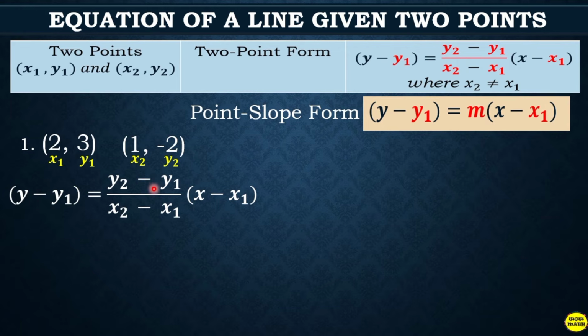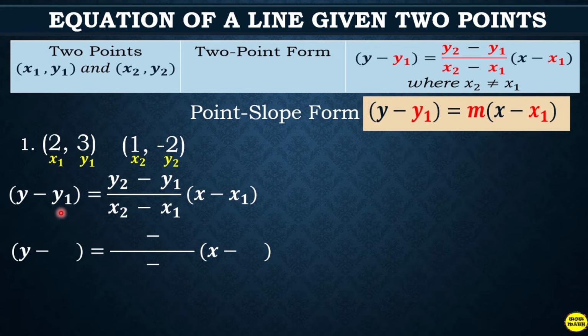Now, etong gagamitin natin, ibablanko natin yung mga kailangan natin. Ano ba yung mga kailangan natin? Diba? Meron tayong y sub 1, meron tayong y sub 2, x sub 2, x sub 1. So, ito yung mga kailangan natin, no? As you can see, binlanko ko siya kasi magsasubstitute tayo dyan.